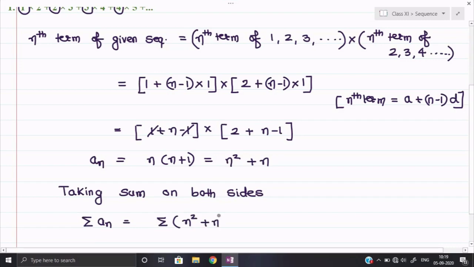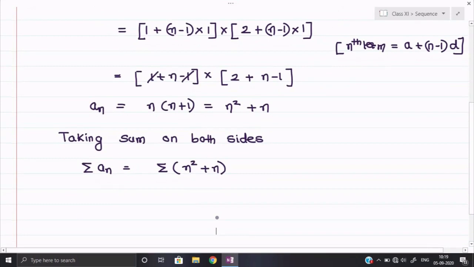Sigma shows we are adding all the terms. And the summation of a_n I will show further by the symbol S_n. Now the summation symbol I will take inside. It is summation of n square plus summation of n. Now try to remember the formula we have written in the definition.